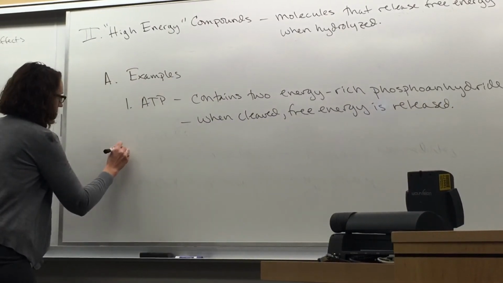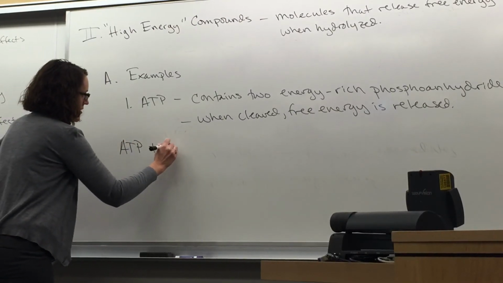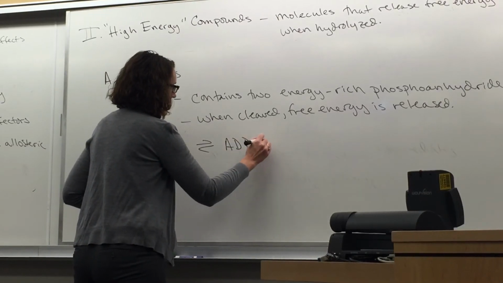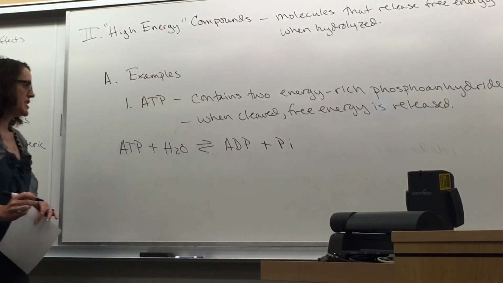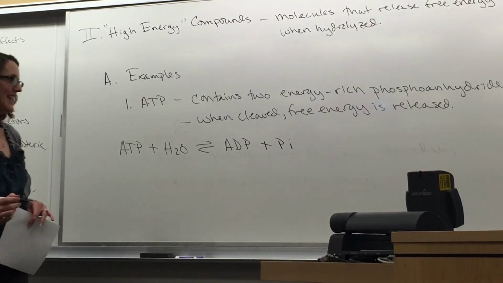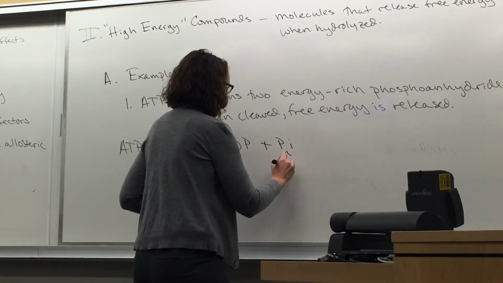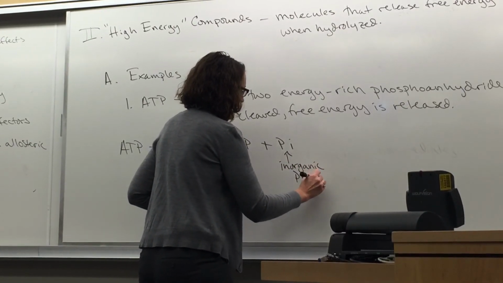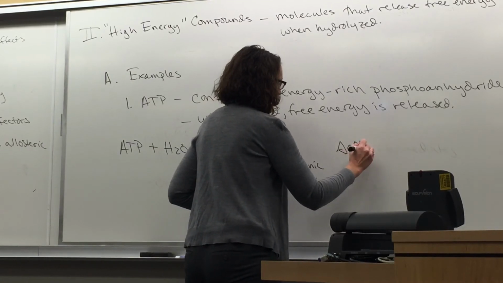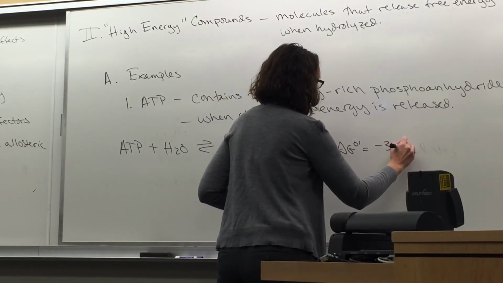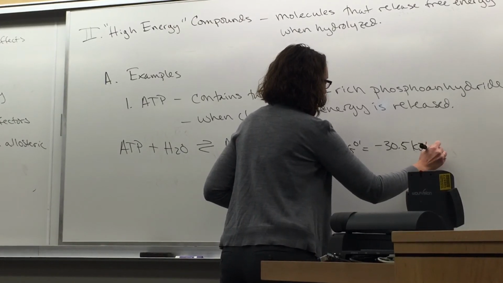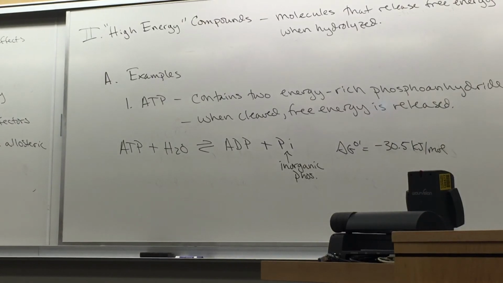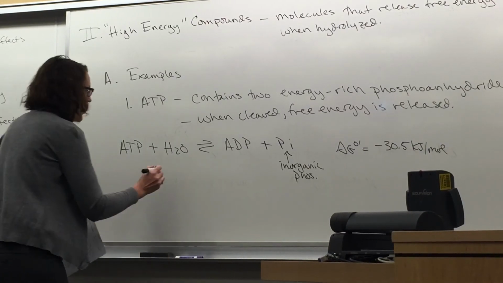So we can do the following hydrolysis reaction. ATP plus water gives us ADP plus Pi, so inorganic phosphate. Delta G0 prime for this process is minus 30.5 kilojoules per mole. That's a pretty big negative number. Good, we like that. We can use that to help us.